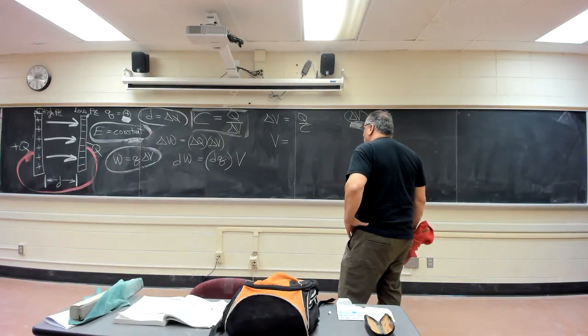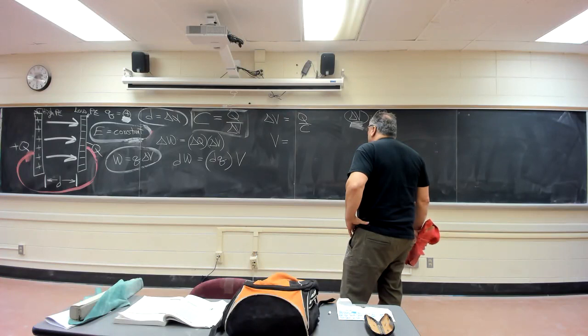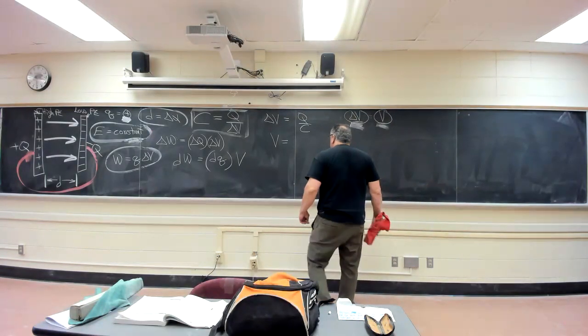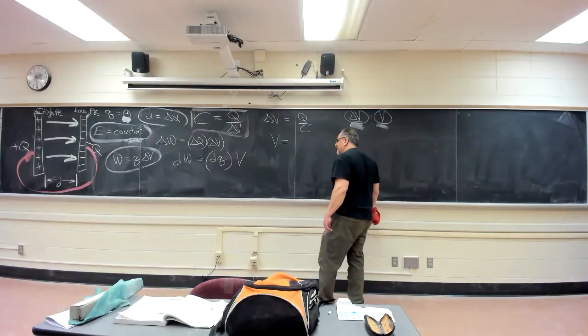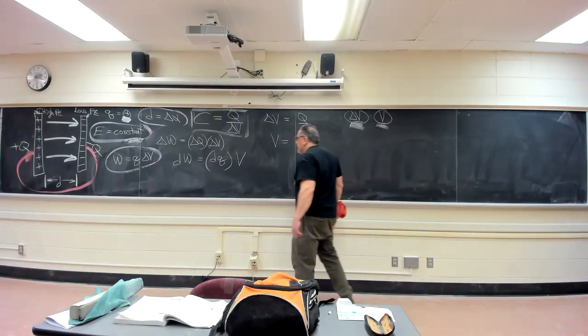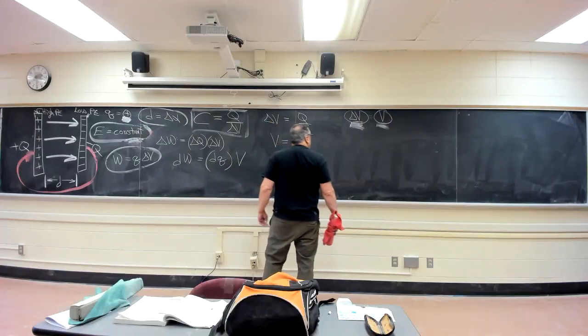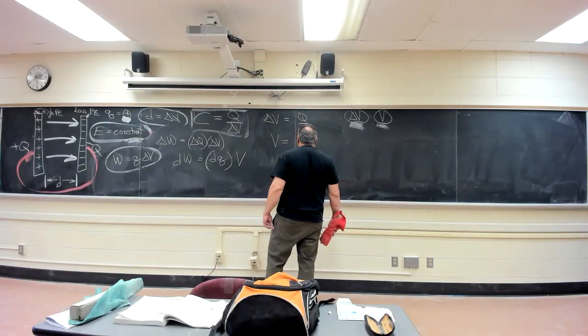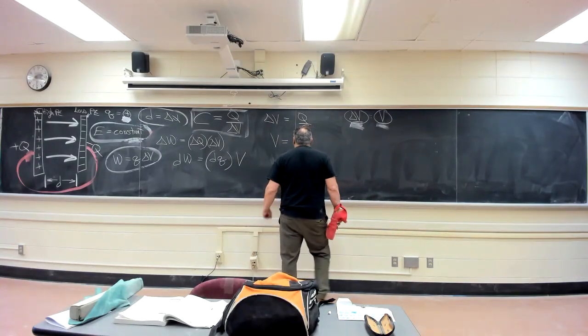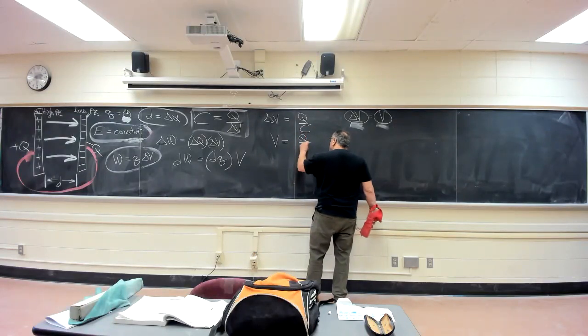So let's see here what the voltage would be. Voltage would be the amount of Q present, guys. I'm trying to speak a couple languages here, guys. I'm not sure this is a good move, but this is Q over C.